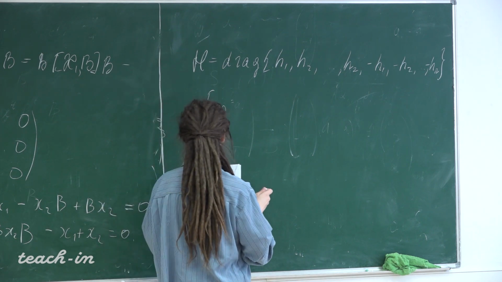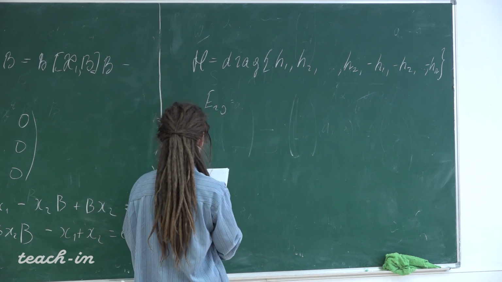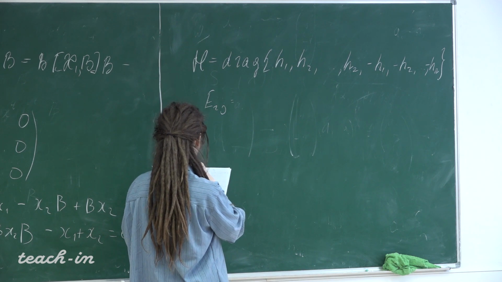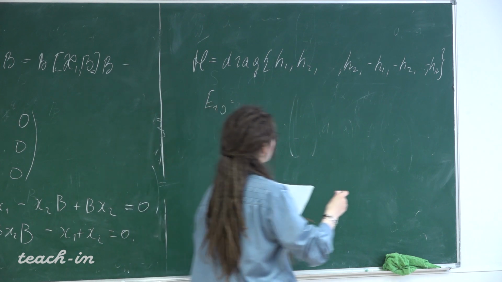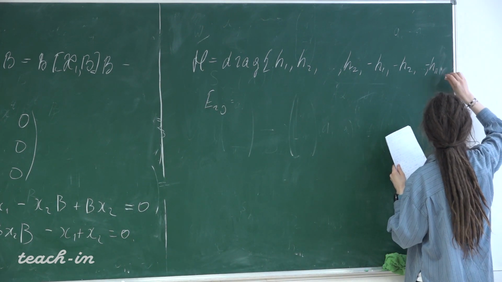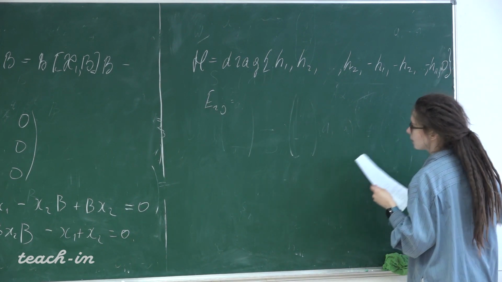Yes, and then I think maybe the two n plus one symmetry. Yes, you have two n elements, and what's the last one? Yeah, 0 in the end.